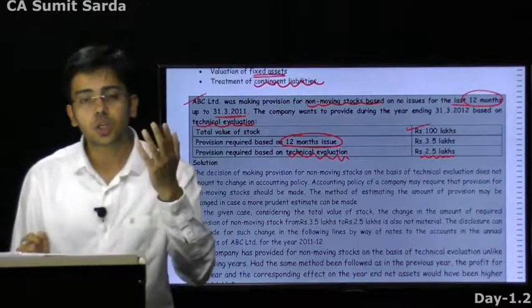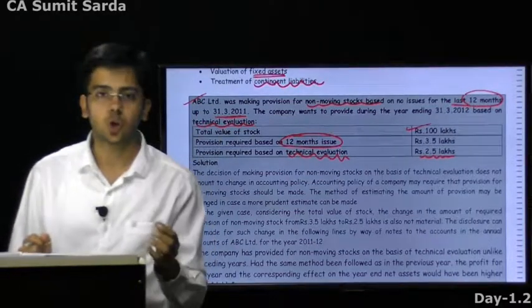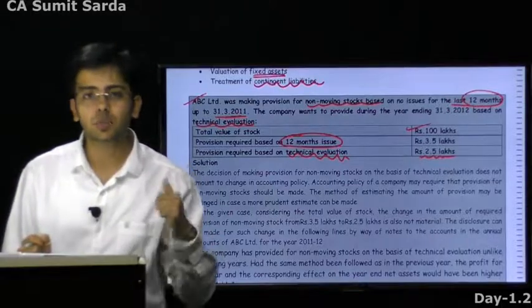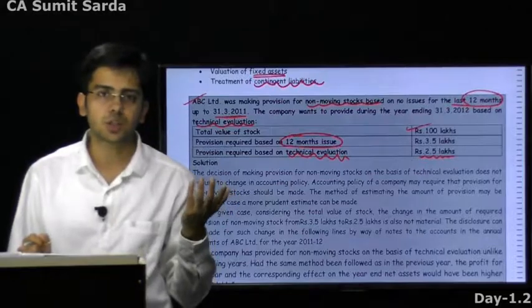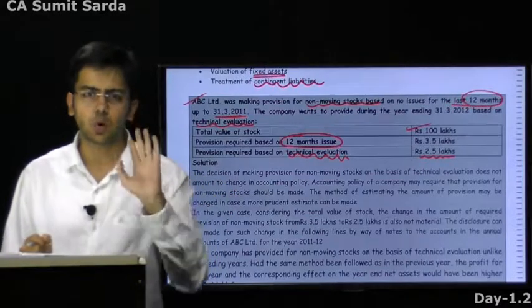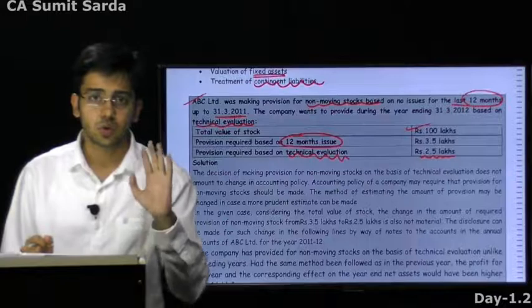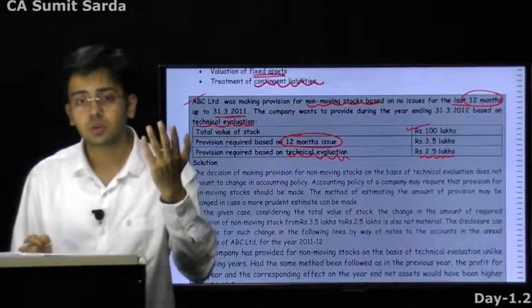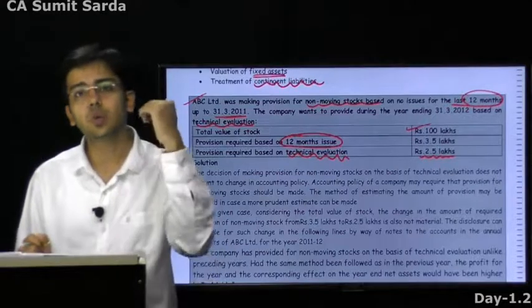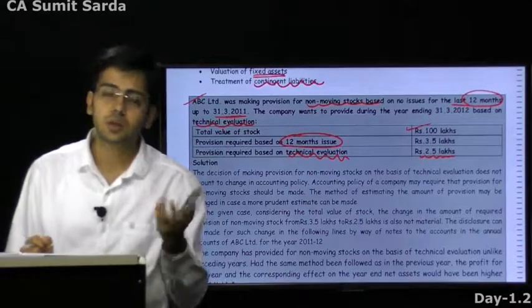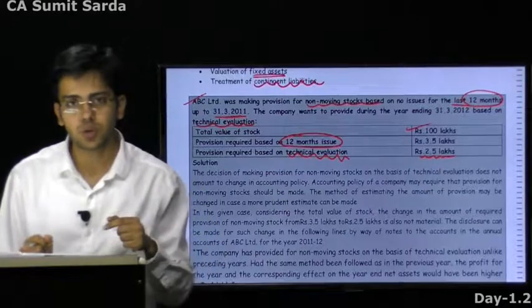In future, there will be non-moving stock which as per the 12 months record would be 3.5, but after technical evaluation, the technical expert says that it will be 2.5 lakh. So the non-moving is for the future. Out of 100 lakh, 2.5 lakh will not be utilized in future. It is purely an estimate and not a change in policy.